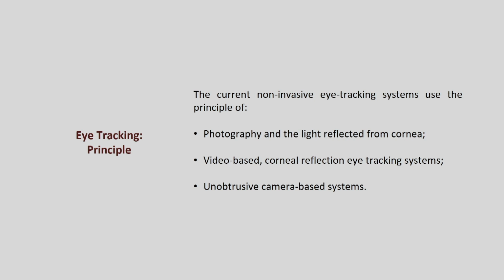So, once we complete all these electrical potential recordings, let us try to understand one more important and frequently used method for ergonomic analysis and product design, that is the eye tracking system. Okay.